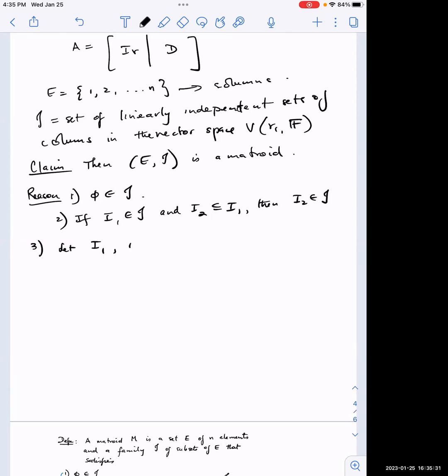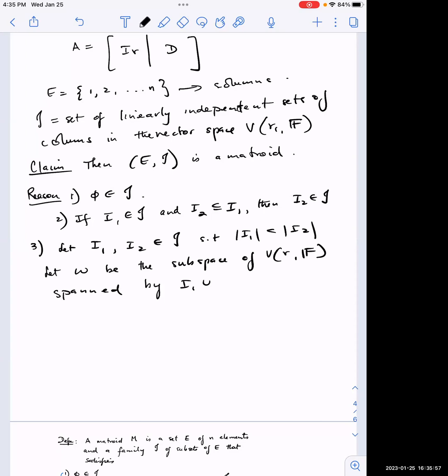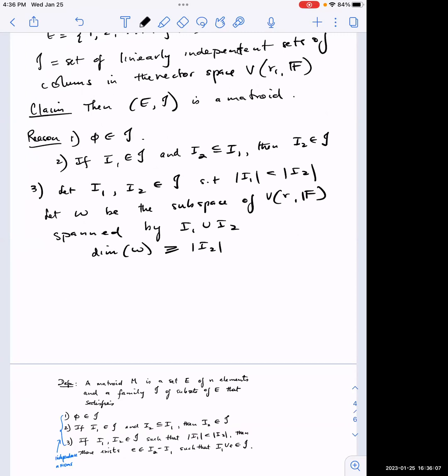Let I1, I2 be independent sets of columns such that I1 is smaller than I2. Let W be the subspace of the vector space spanned by I1 union I2. Then the dimension of W is at least as big as the size of I2.